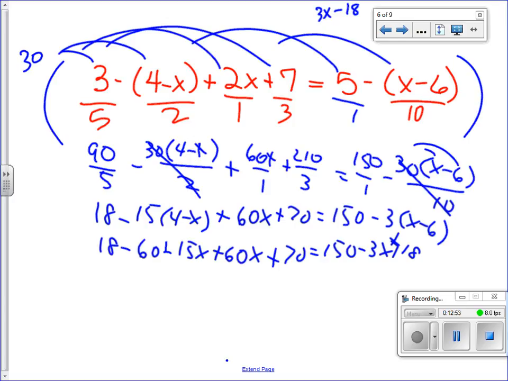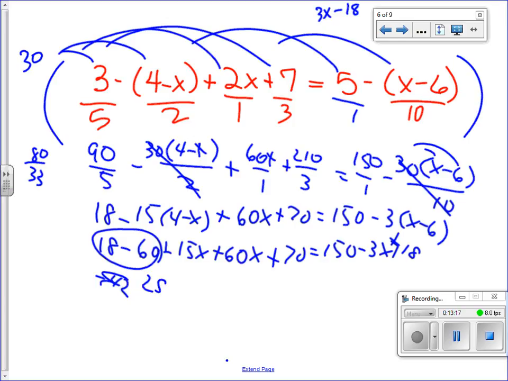All right. So I have 18 minus 60. What's that going to give me? Negative 42. What did you get? Let's see. All right. So I got a 15x and a 60x and a plus 70. So a plus 70 and negative 42 is going to give me 28.